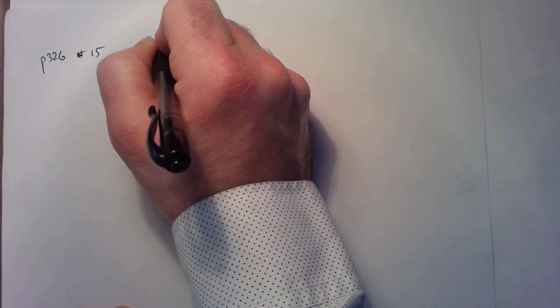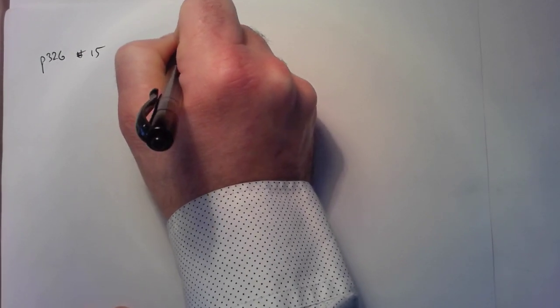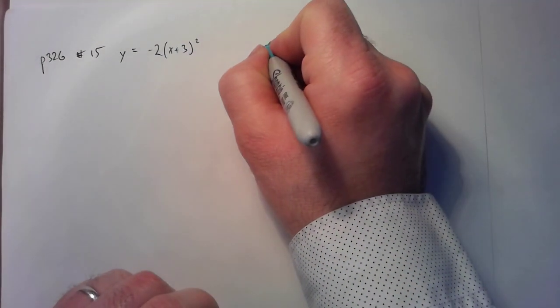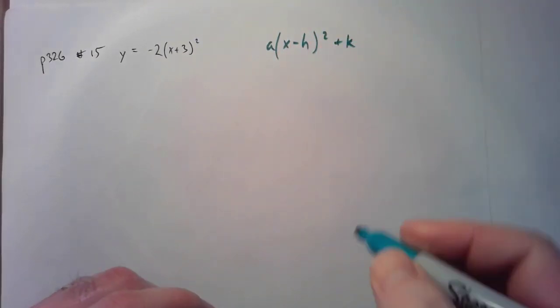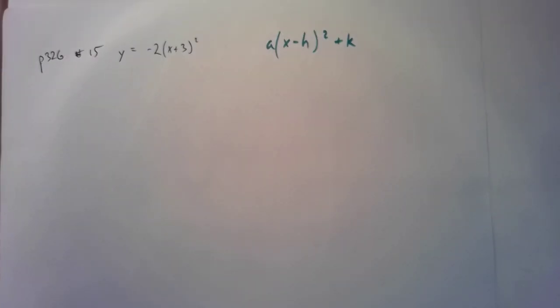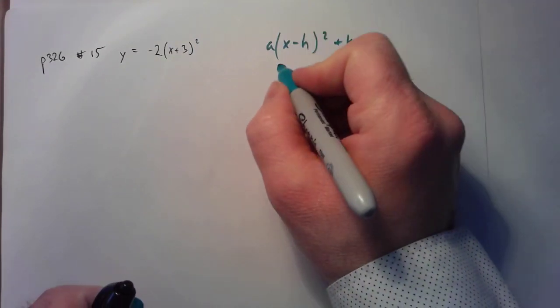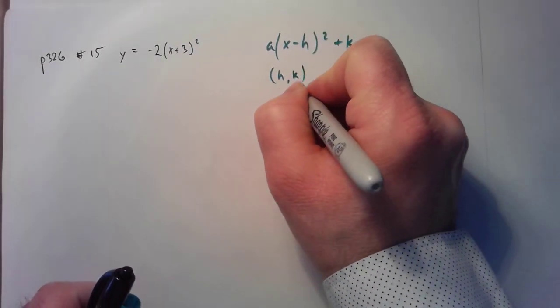So the equation is y equals -2 of x plus 3 squared. The instructions say to write each one in vertex form if not already in that form. Just to be clear, here's vertex form. Once it's in vertex form, then you just need to identify the vertex, that would be the point (h, k).